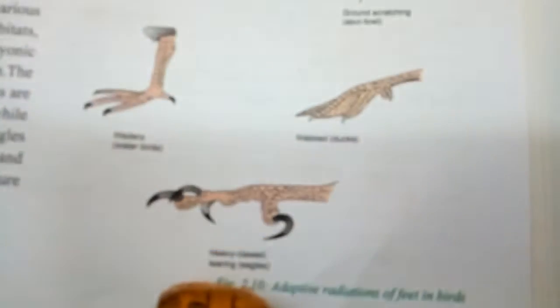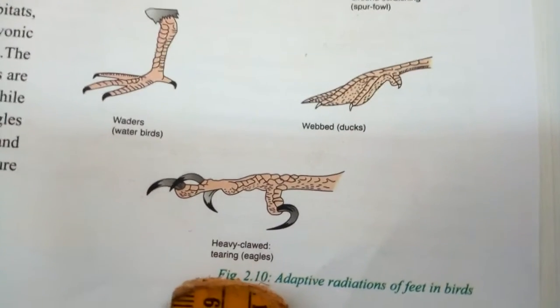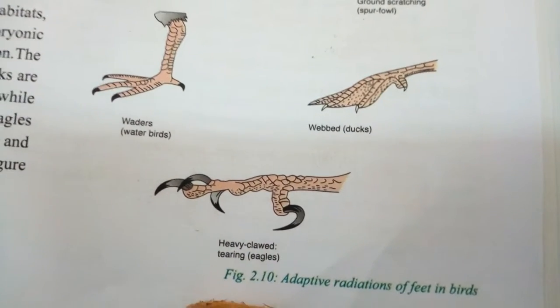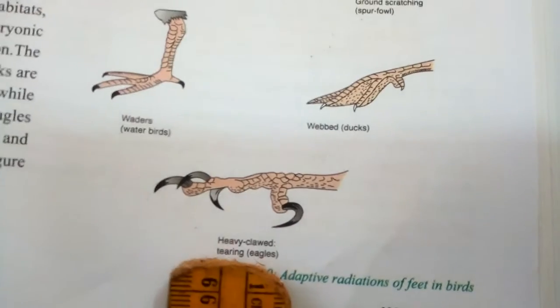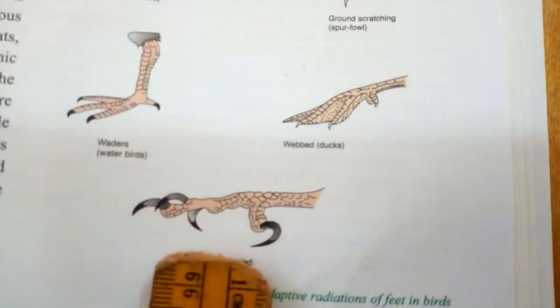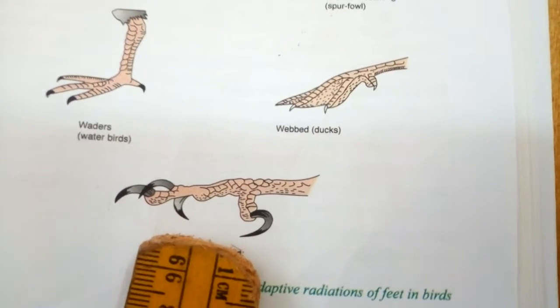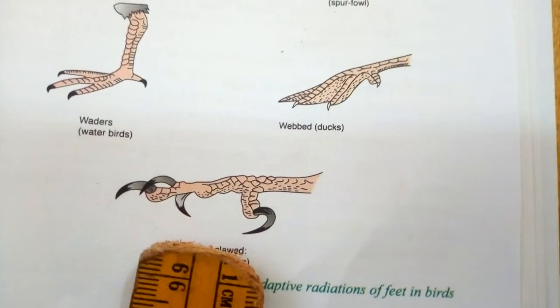Then we have this bird, which is the eagle. The eagle is heavy clawed. What you can see conspicuously are the talons or the claws. For which purpose? We know that the eagle feeds on flesh.